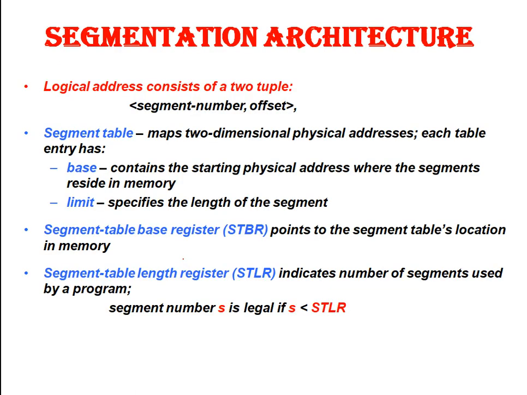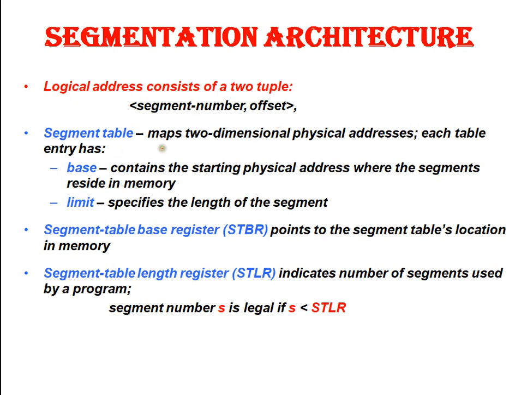Next, segmentation architecture, which is a simple hardware architecture. Just as we studied for paging, even for segmentation we have a hardware architecture. In paging, whenever an address is generated, we have the page number and displacement value. But in segmentation, you have the segment number and offset, that is the displacement value.